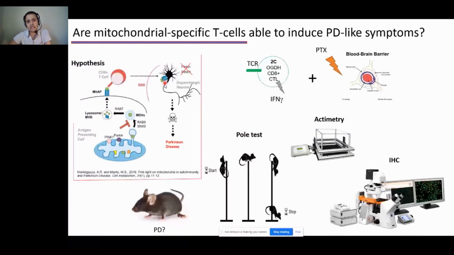Simply by injecting TCR transgenic interferon gamma positive CD8 T cells, which are OGDH-specific CD8 T cells, and by injecting pertussis toxin, which makes the blood-brain barrier leaky, so these OGDH-specific T cells can access the brain.